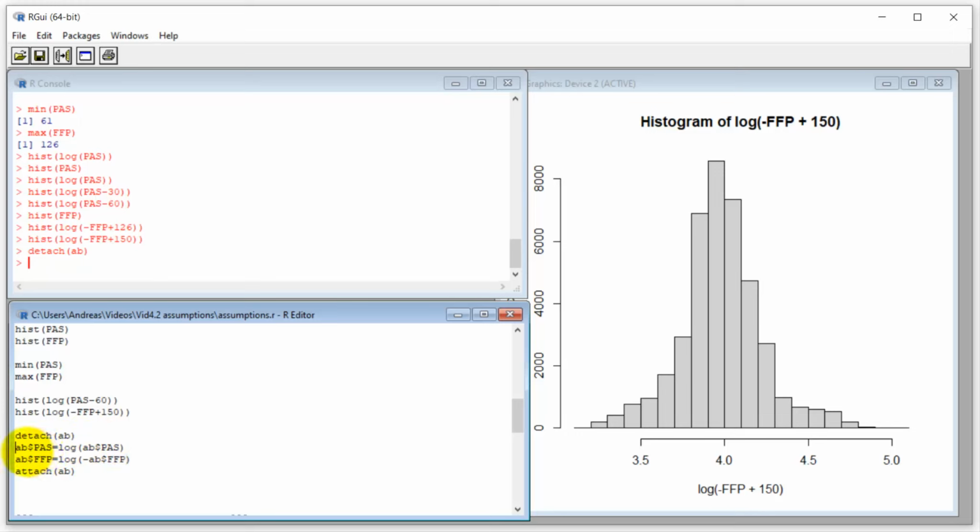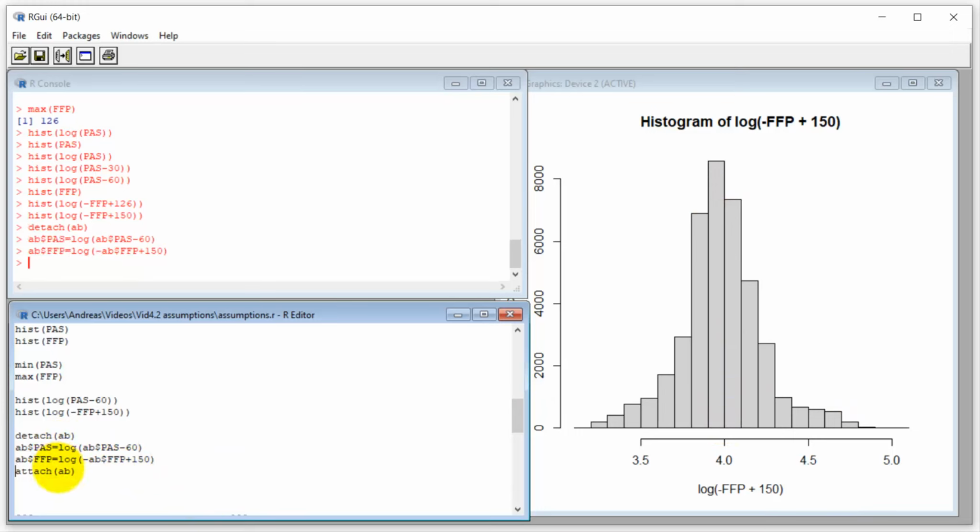So we'll detach it, we'll do a proper transformation of my original variables. So this would be -60, that's what we figured, and this one plus 150. So that gives us those nice symmetrical distributions with no long tails on either side.